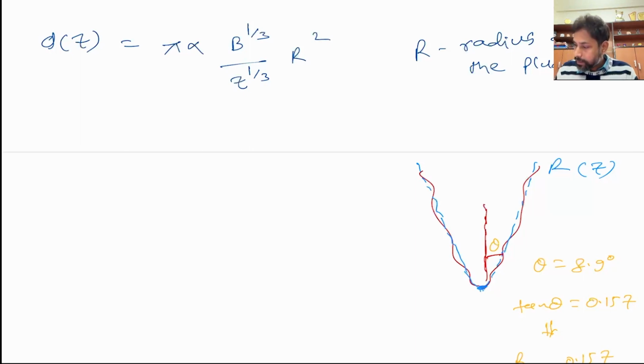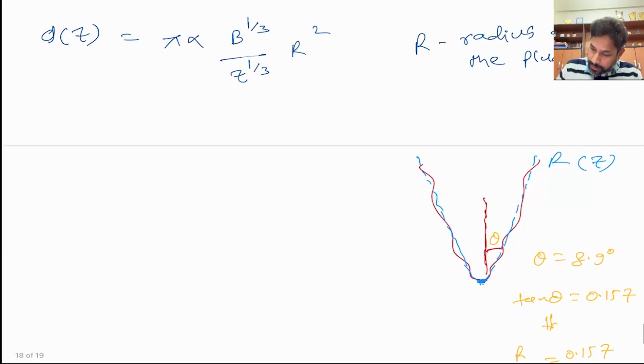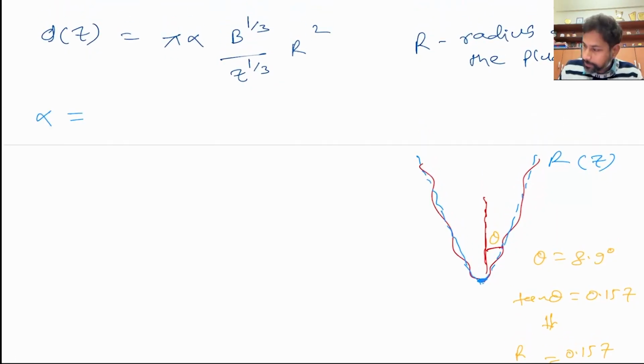Okay, and also experimentally this alpha value is also found to be equal to 2.14, experimental value.